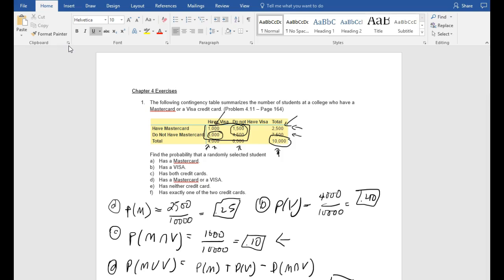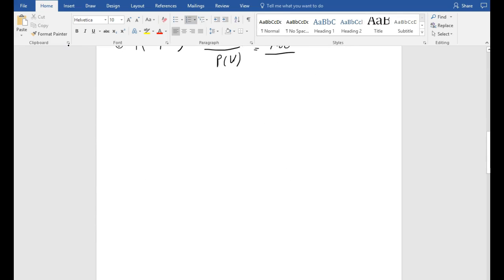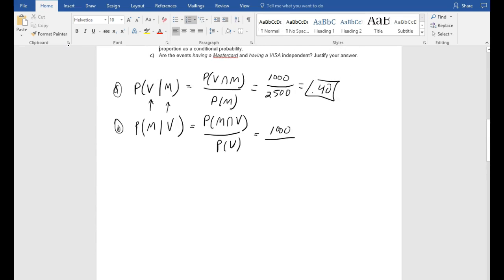Similarly to last time, once we say given that they have a Visa, we can just focus in on this column and get rid of everything else in the table from our thought process. So it would just be 1,000 over 4,000, or 25%.